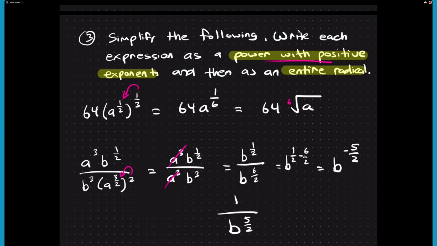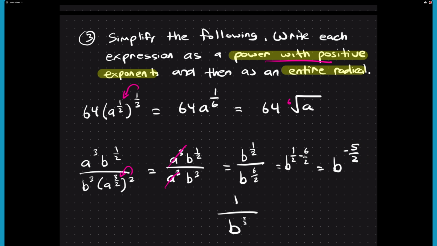So now there it is written as a power with a positive exponent, and we've got to be careful even writing it like this. That 5 over 2 is getting a little bit too big, so we can resize that. It should be a little bit smaller right there, like such.